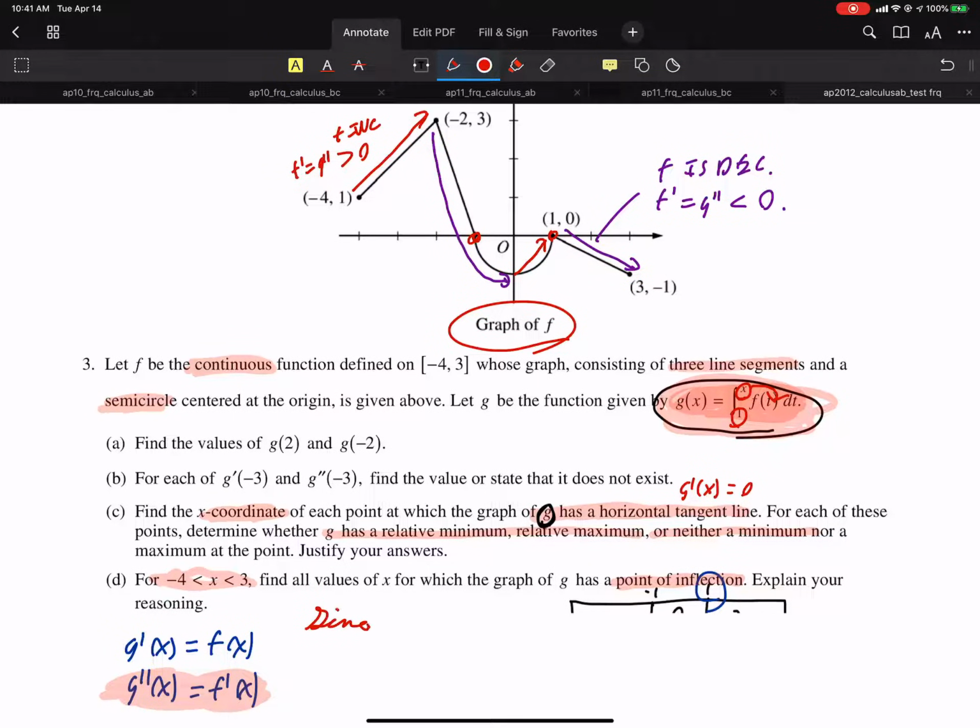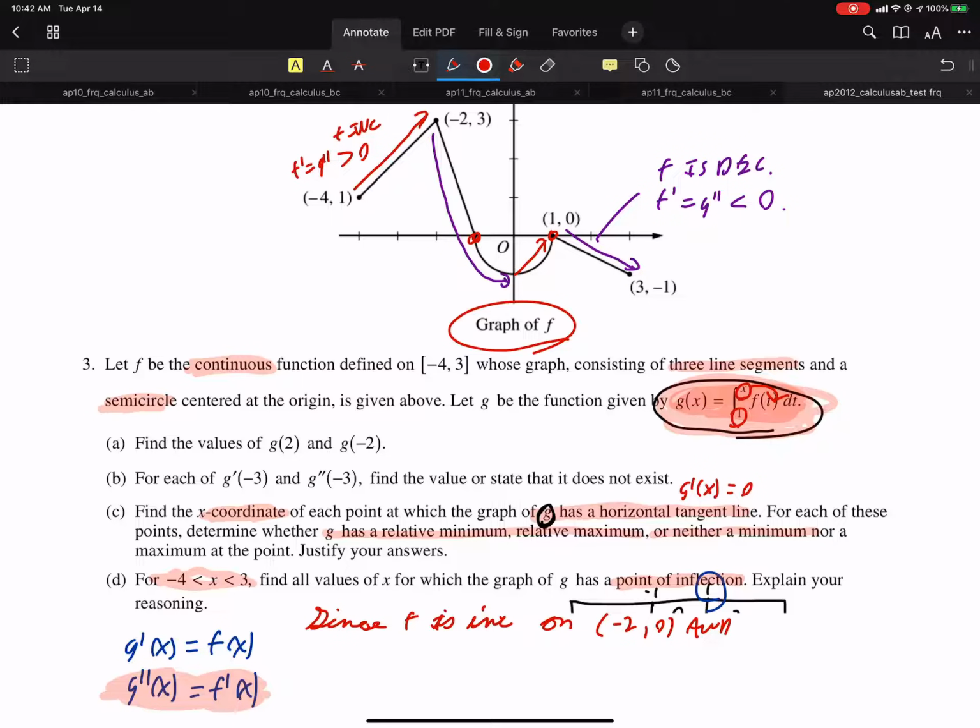So since f is decreasing on, and there's two intervals, from -2 to 0 and... increasing. Oops, I was going to write it again.